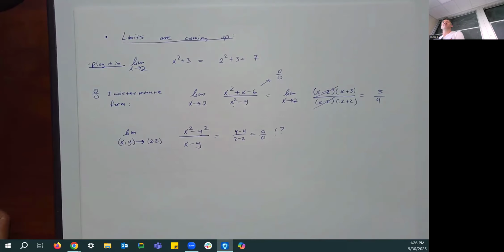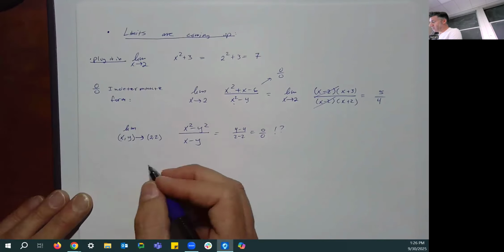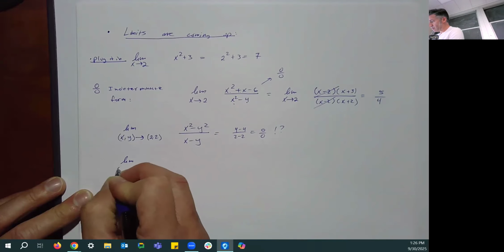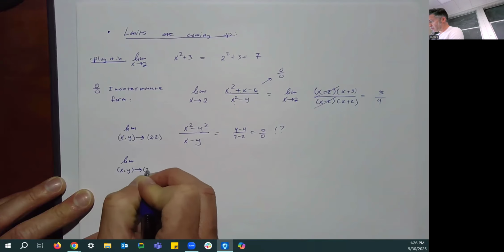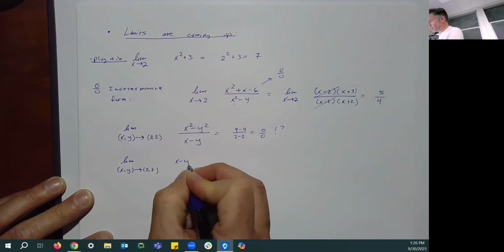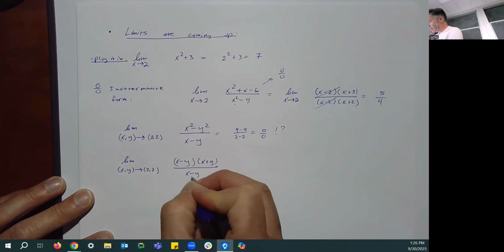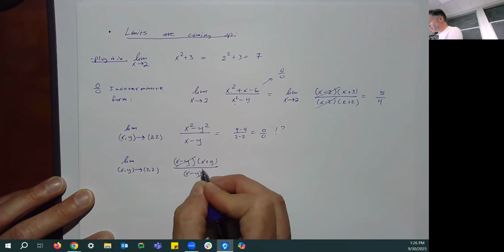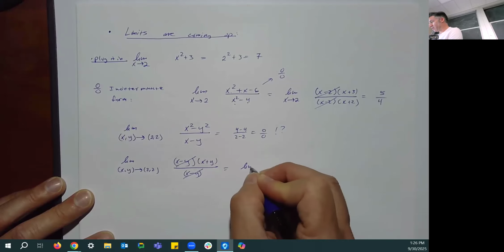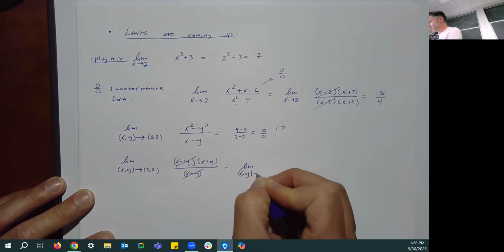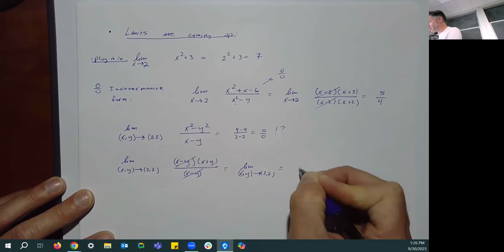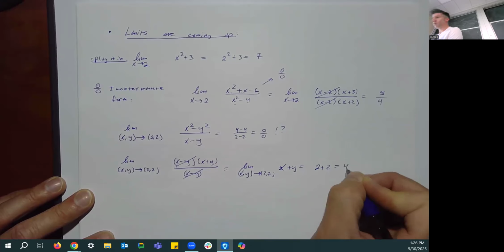Normally, you would try something else, but here we are fortunate in that we can factor this. You can definitely factor the top as (x minus y) times (x plus y), and the x minus y factor in the bottom will end up canceling. Then the limit as (x, y) approaches (2, 2) of x plus y is 2 plus 2, which is 4.